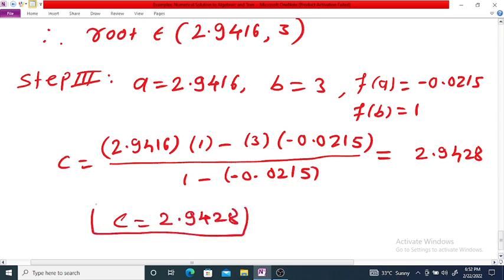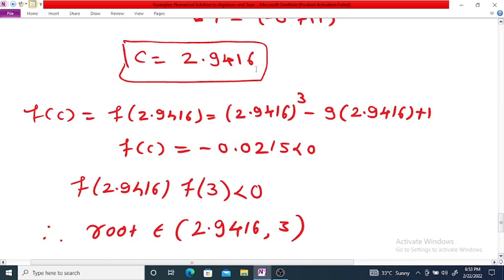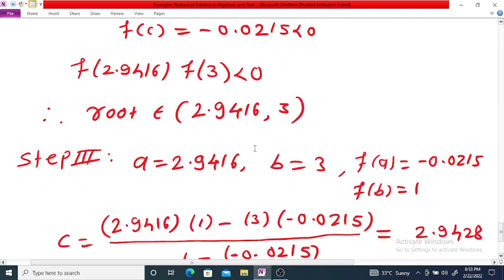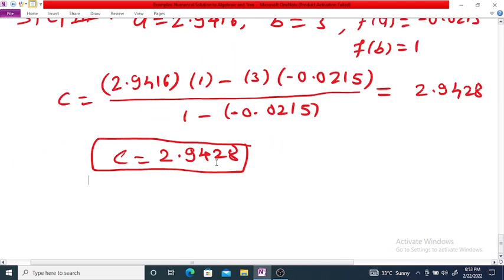Here c is 2.9428, and in the previous iteration c was 2.9416. So you can see that these two roots are correct up to 2 decimal places.